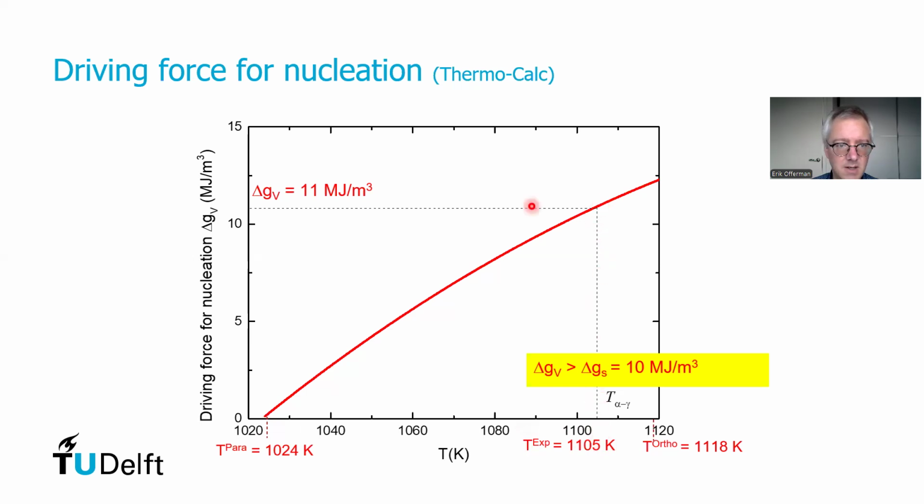The interesting thing is that at this temperature, the driving force is 11 megajoule per cubic meter, expressed here in megajoule per cubic meter because we want to compare it to the strain energy, which from Lee et al. is of the order of 10 megajoule per cubic meter. So this moment is actually the moment where the driving force is just above the strain energy, and that is indeed a criterion for the start of the nucleation: you need to have at least the driving force to overcome the strain energy.